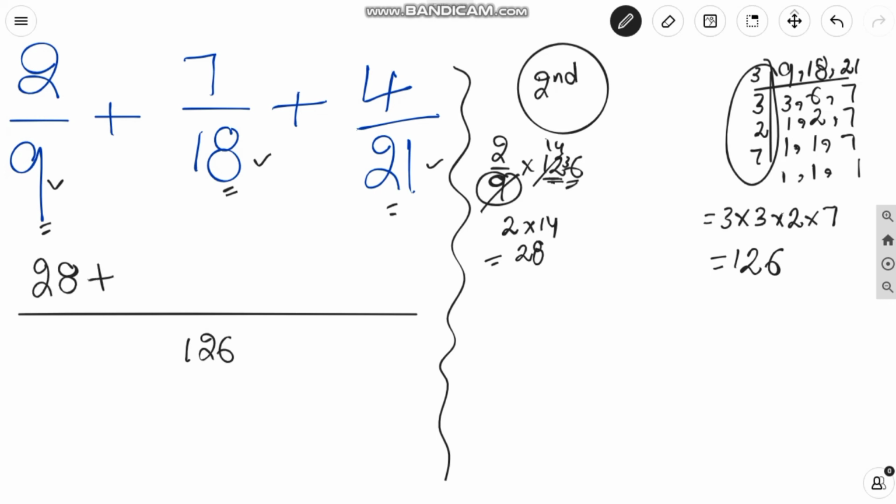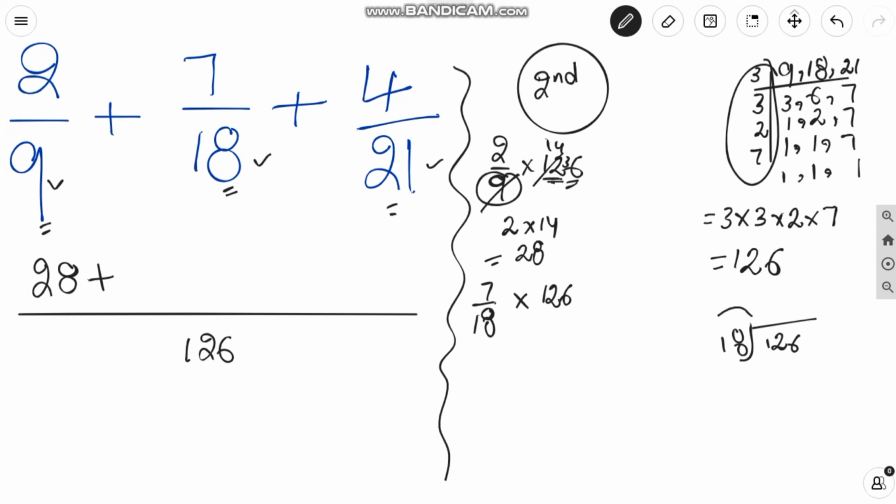Then the sign next to 2 by 9 is plus, so just put plus here. Now the second rational number is 7 by 18, multiply it with 126. Now you can simply divide 126 by 18 if you are confused with the cutting method.